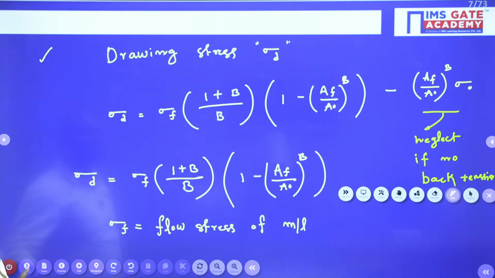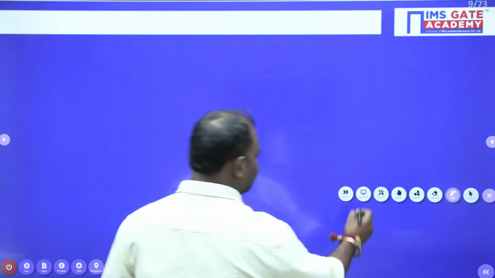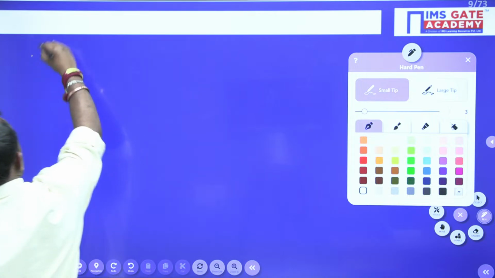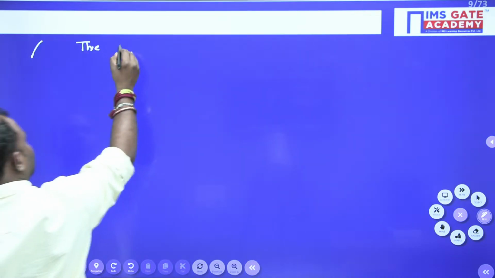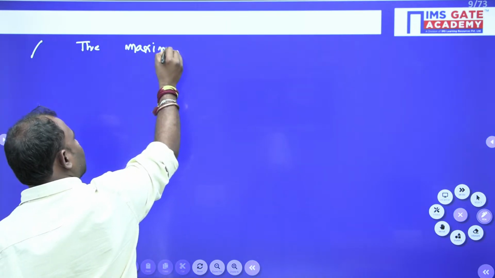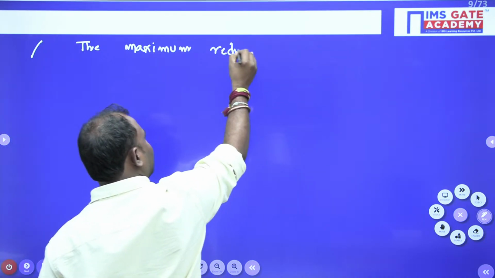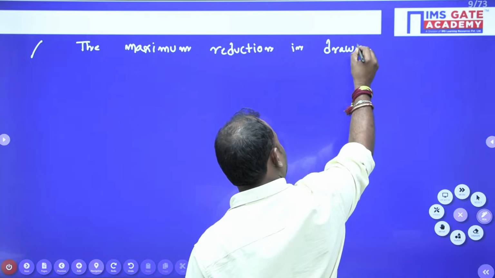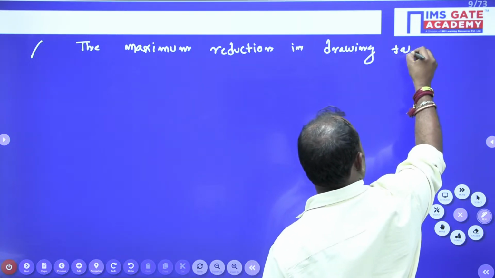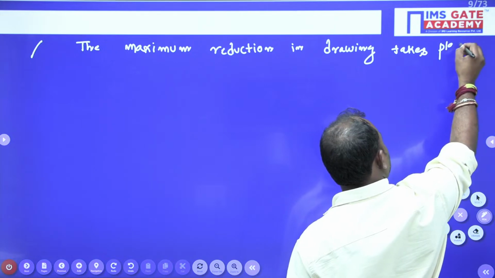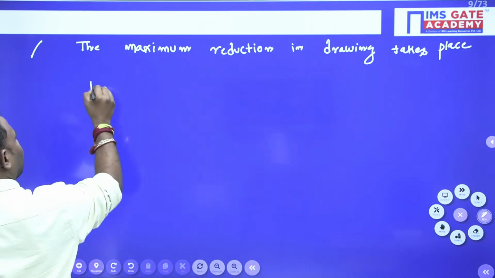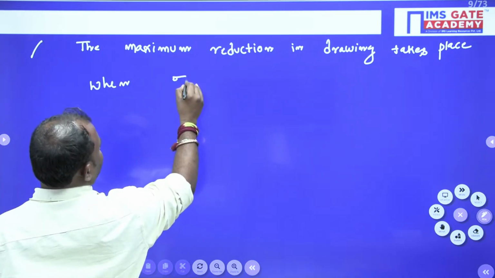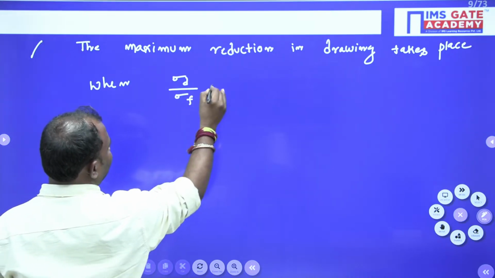Okay, so the maximum reduction in drawing takes place when drawing stress divided by flow stress of the material equals 1.